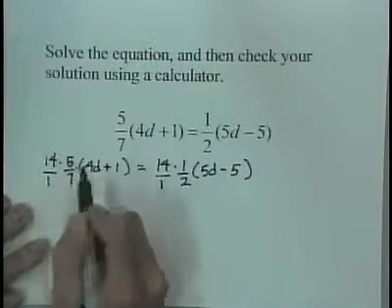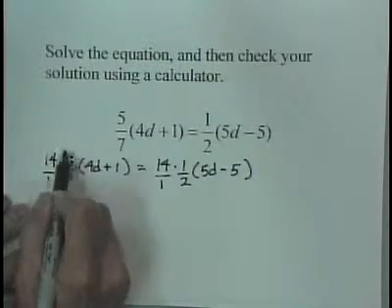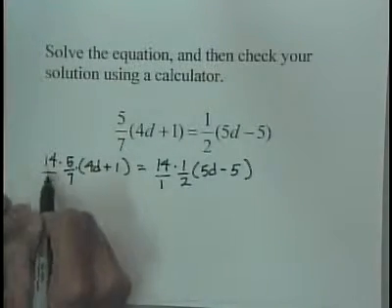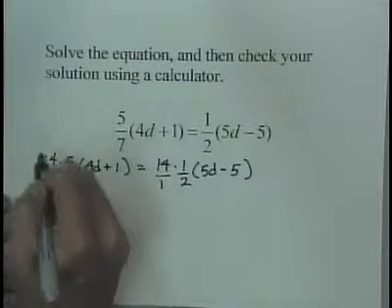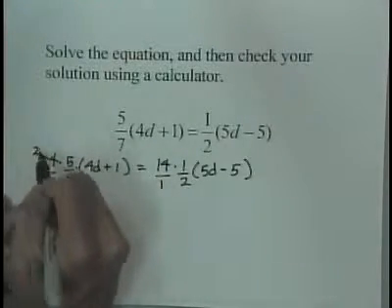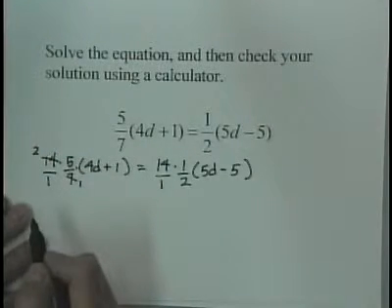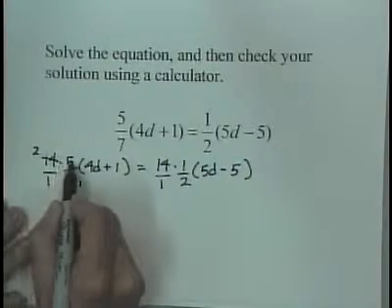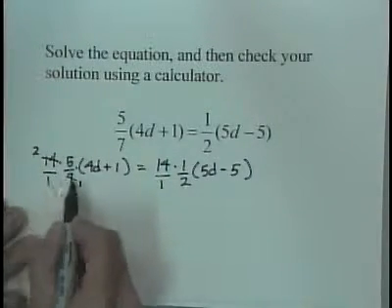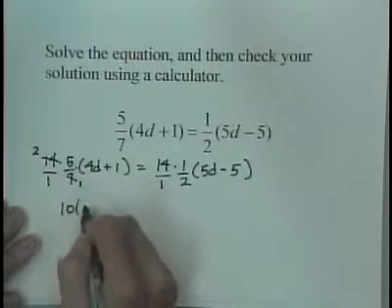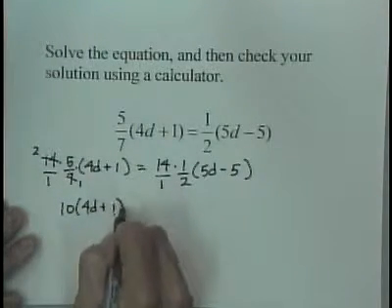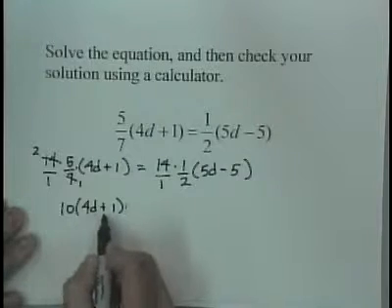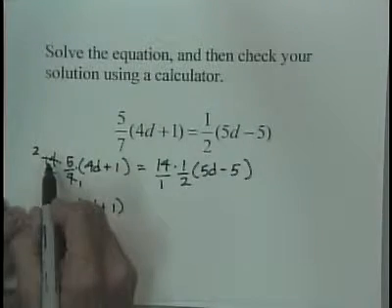Now this operation right here is multiplication. I'm going to multiply 14 times 5/7 by simplifying the factor of 7 in 14 and 7, and multiplying what's left after simplifying, which is 2 times 5, or 10, over 1. And in a moment, I'll distribute that 10 through the 4d plus 1.